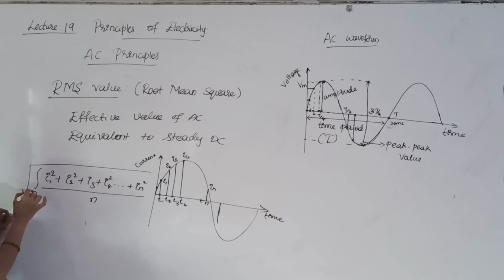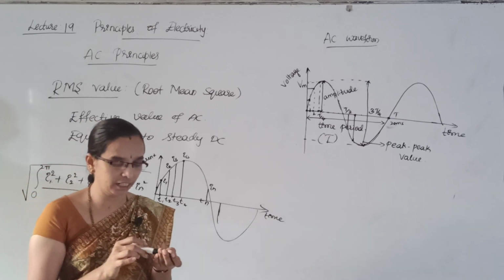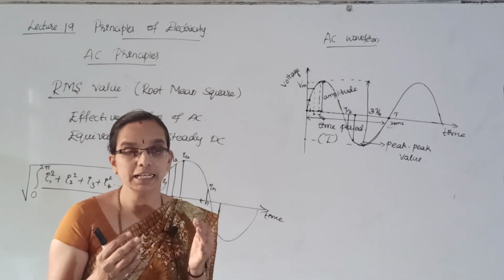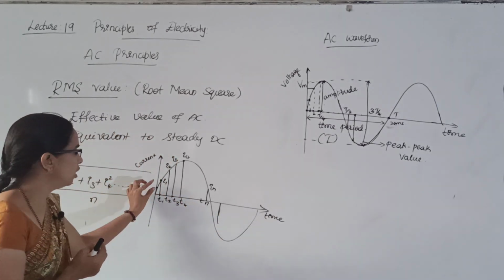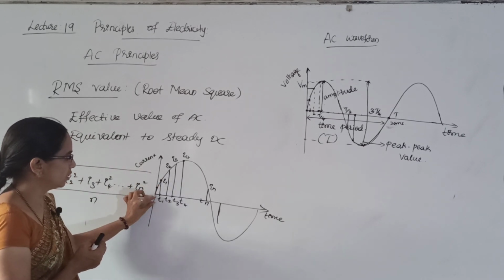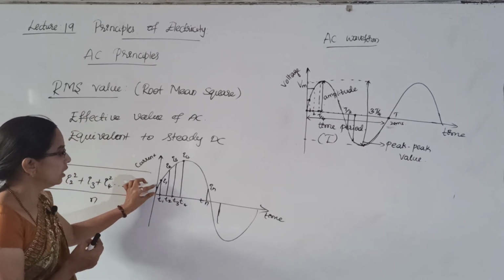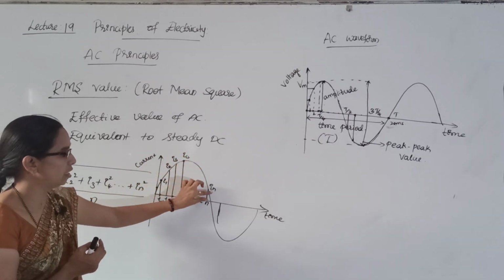Here we will integrate this from 0 to 2 pi. What is that integration, differentiation, all that you will learn in second PUC. Integration in the sense small changes in the time. At this instant of time I have taken, there are so many current values you will get.